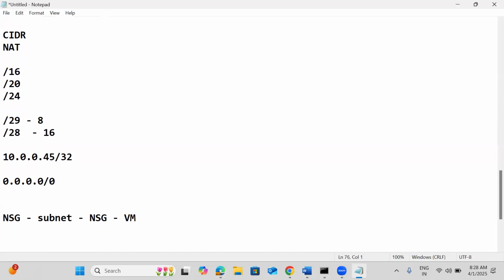It is like an apartment where there is main security, and at your flat level you may also configure your own security. So one NSG at the subnet level, and one at the VM level.